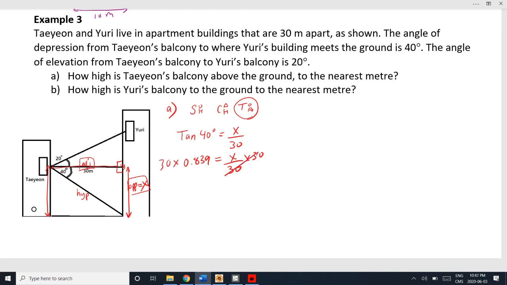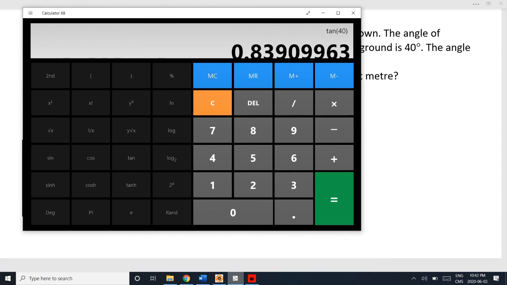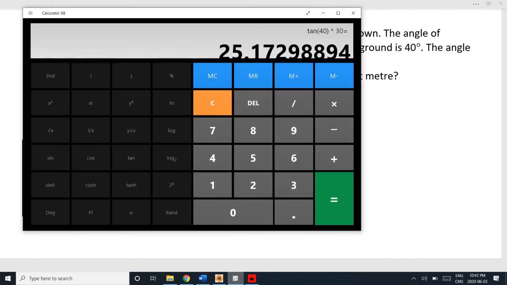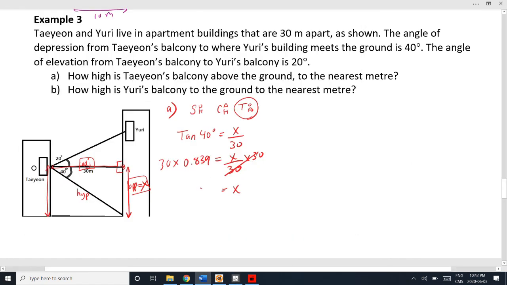These are going to cancel here. So we're going to get 30 times 0.839, which is equal to 25.17. So x is equal to 25.17.